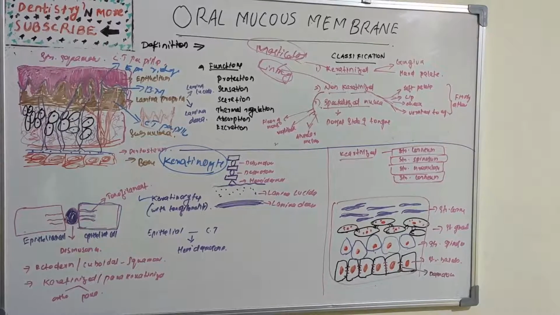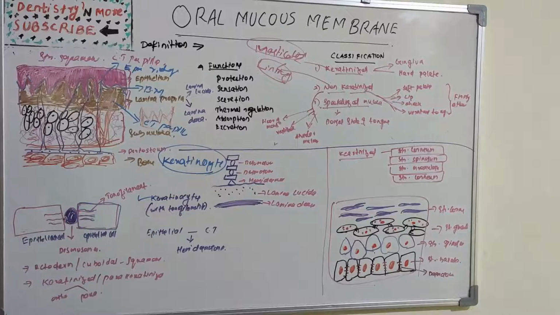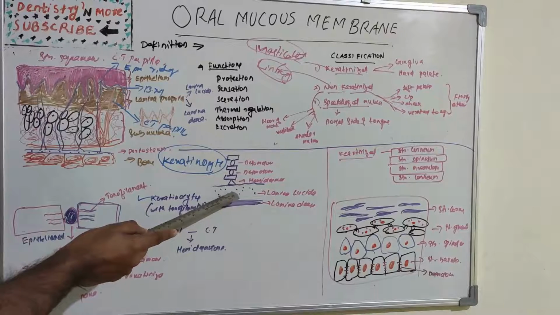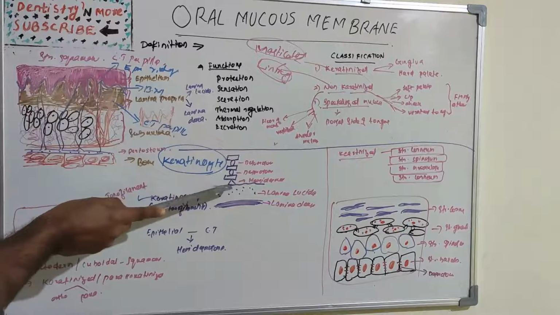So there is attachment of epithelial cells to one another by desmosome, and attachment of epithelial cell to the connective tissue. This is the epithelium, this is the connective tissue, and this is what I have drawn here.